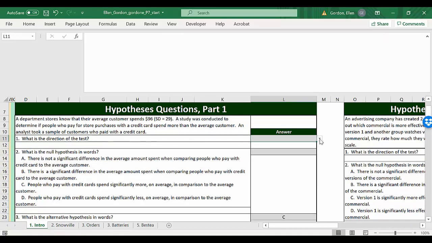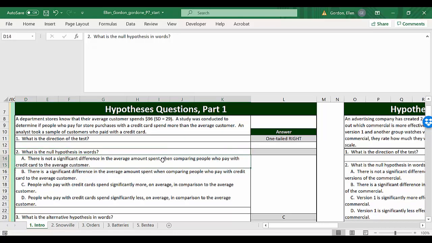Remember, that goes along with the alternative hypothesis. So we would do a one-tailed right. When we think of our group of interest, which is credit card customers, we think that their mean is going to be greater than the other group. That would be a one-tailed right. And then the null hypothesis is easy. The null hypothesis in words is always the same, and it's always there is not a significant difference between the two groups. So that would be A.